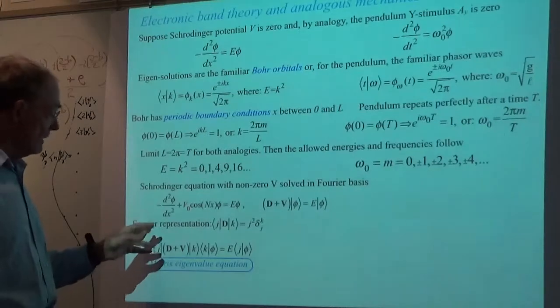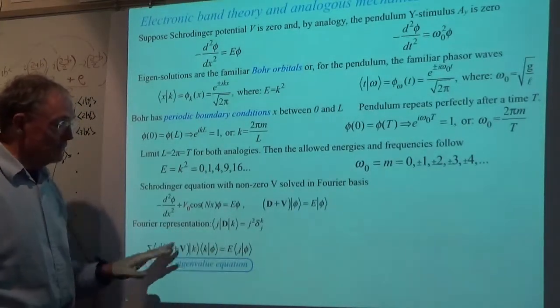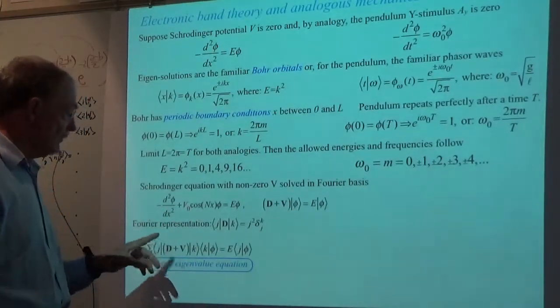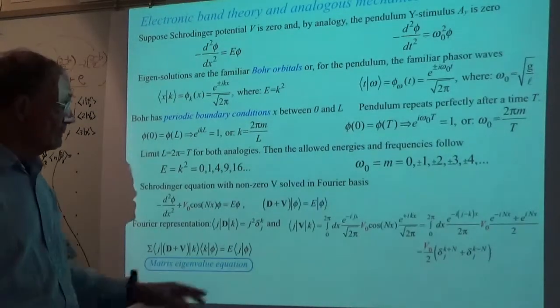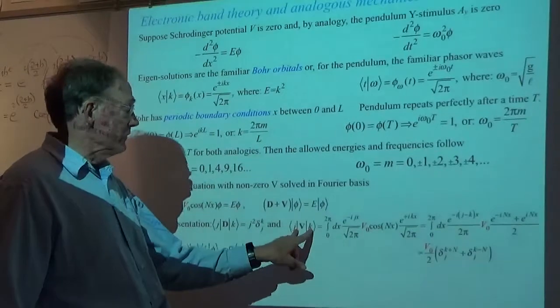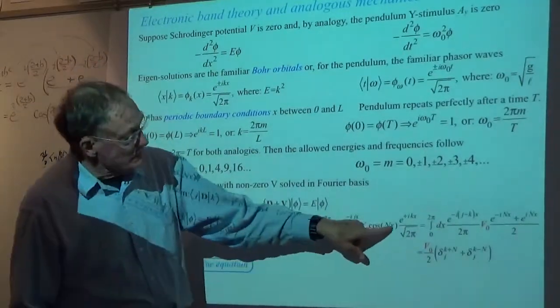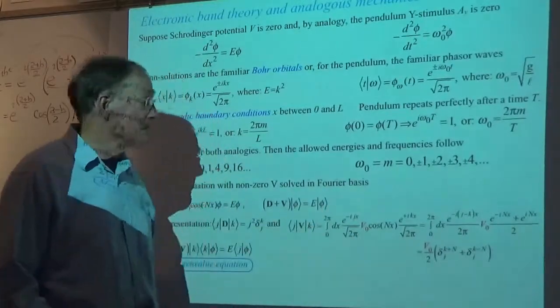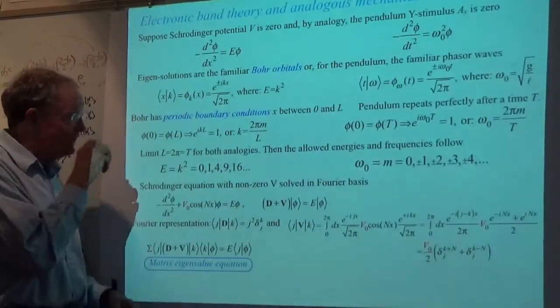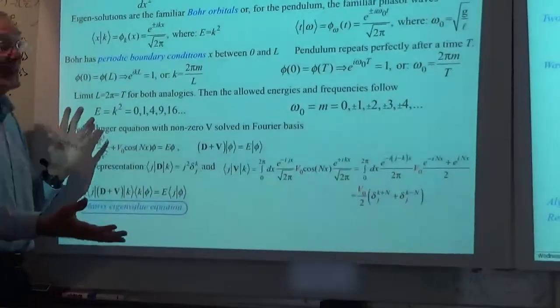And when I do that, I get a really nice representation. I get a very simple, and what I want to do is move all of this up to the top of the screen, but here are the matrix elements of this cosine potential, this cosine of nx, which we're eventually going to make 2x, because n equal 2 is what we call the band edges.